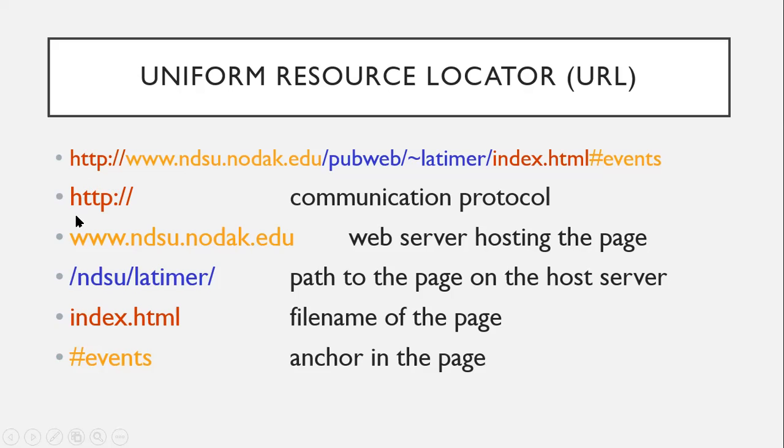This is HTTP, basically the protocol for web browsing or serving the World Wide Web. Now, the next, this is HTTP://. So there are other communication protocols in the next slide that we will become familiar with.